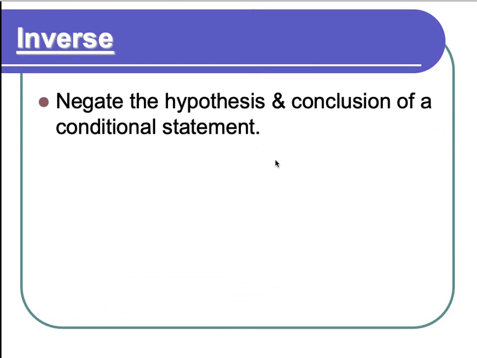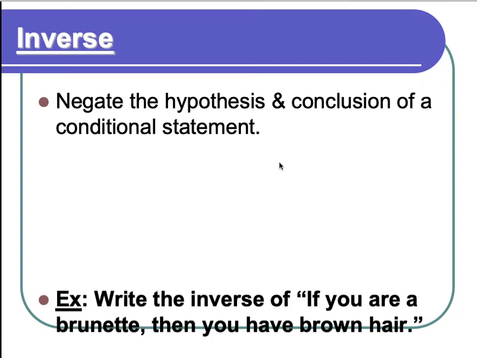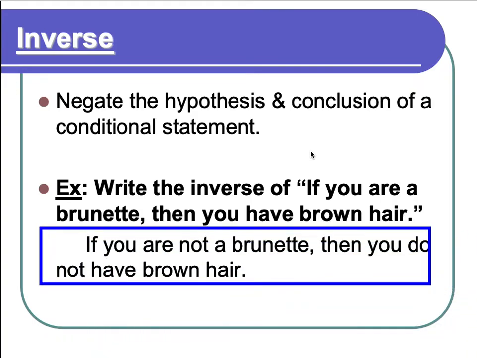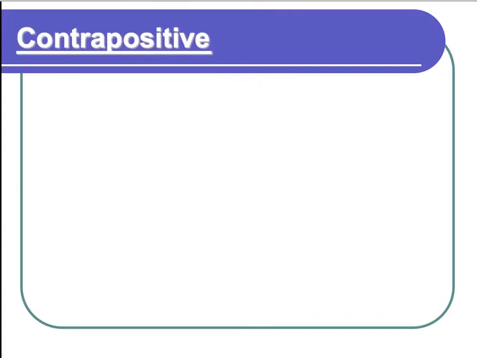Okay, inverse is to negate the hypothesis and conclusion of a conditional statement. So write the inverse of: if you are a brunette, then you have brown hair. Simply, if you are not a brunette, then you do not have brown hair.